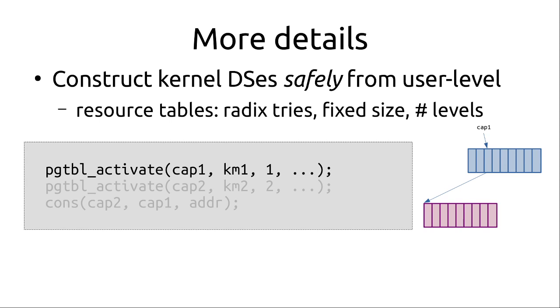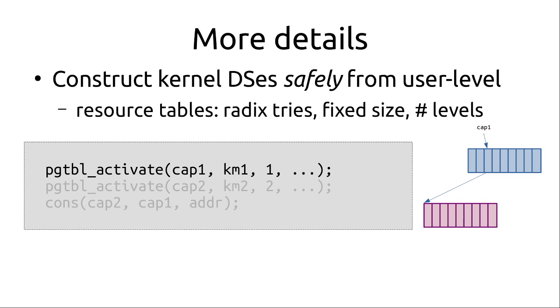And what we're essentially doing is this call on the left is activating that page table node within our system. The third argument to page table activate in this example is the level of that kernel data structure that we want to create. So we're essentially saying here, I want to activate a new page table, i.e. I want to create a new page table node.